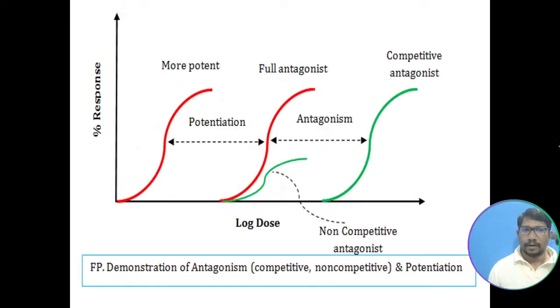Now here I would like to explain what you mean by antagonism, what are the types of antagonism, what you mean by competitive antagonism, what you mean by non-competitive antagonism, what you mean by drug potentiation. तो यहाँ पे देखो, if you plot a drug response versus log dose curve, log dose on x-axis and percentage of response on y-axis.